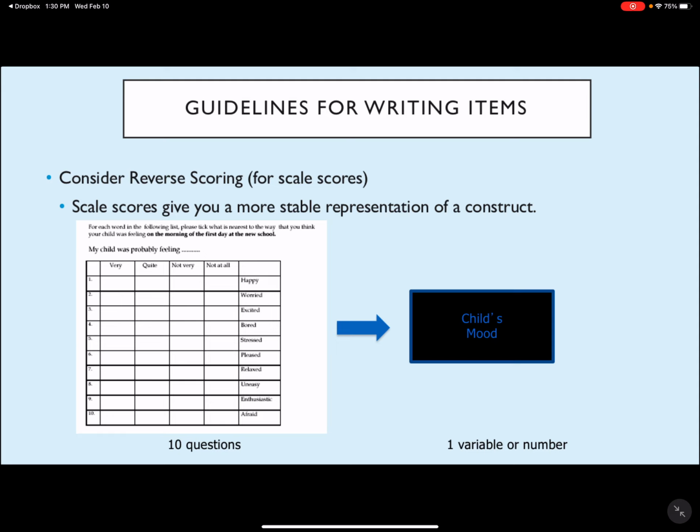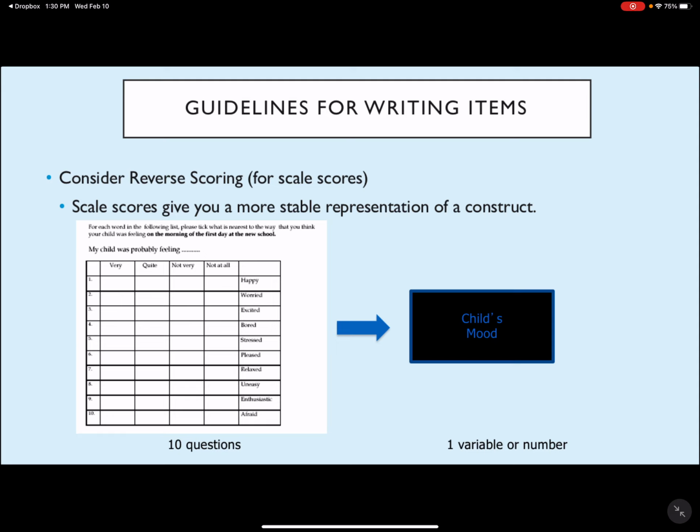Now, when you get your data and you're playing with it and you want to do statistics and frequencies and all that stuff, it's so much easier to manipulate that data if you have one score which represents the child's mood. So typically what researchers do with scale scores is they add or sum the answers to all of the items to get one number that represents that construct.